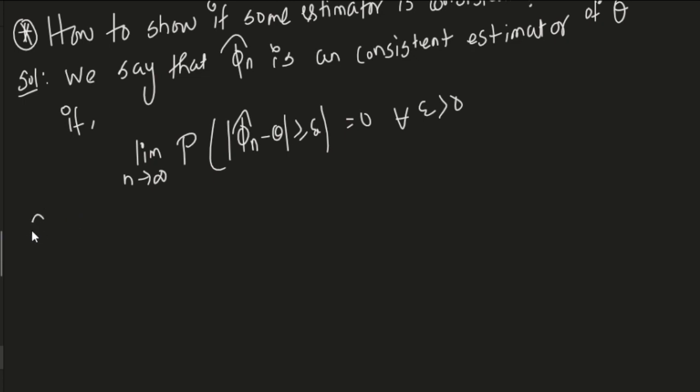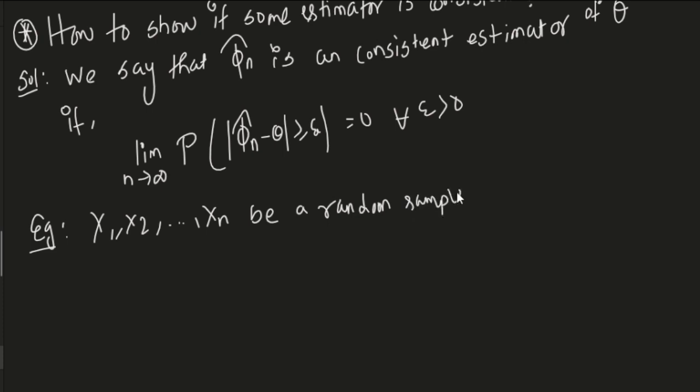Suppose X1, X2, all the way up to Xn, be a random sample with mean E of Xi equals theta and variance of Xi equals sigma squared.